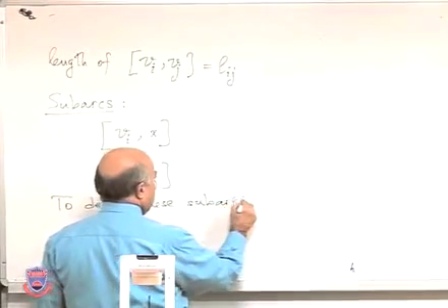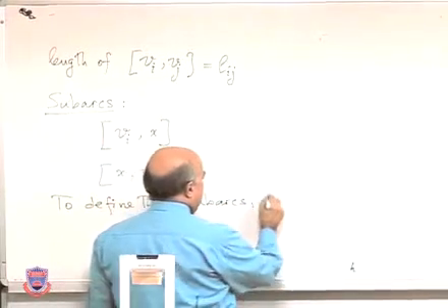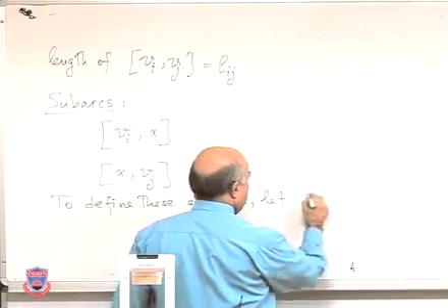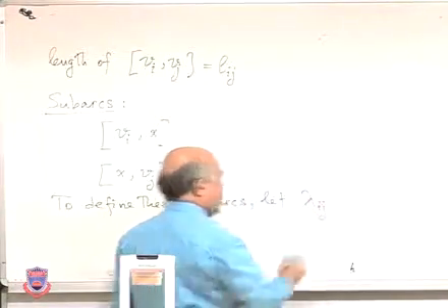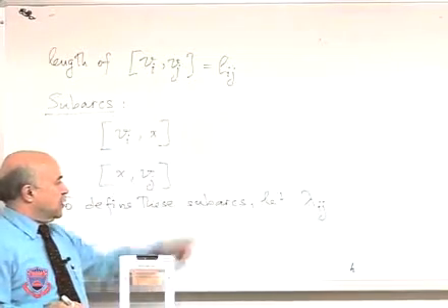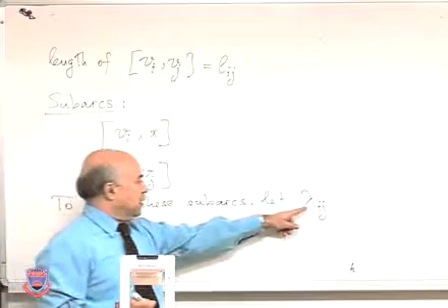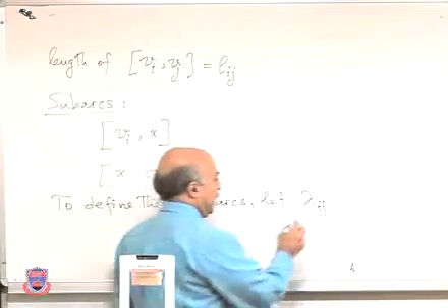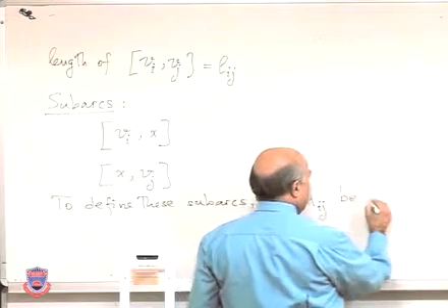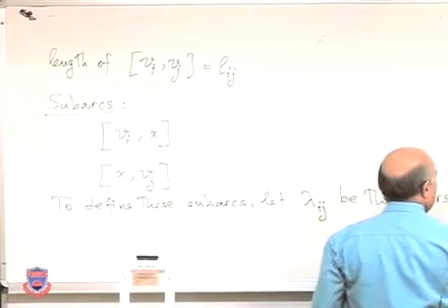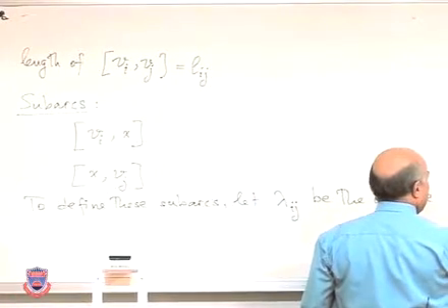So to define these subarcs, let us first note that because Tij is a one-to-one mapping, its inverse exists. So let's name the inverse the function lambda ij. So let lambda ij be the inverse of the one-to-one mapping Tij.